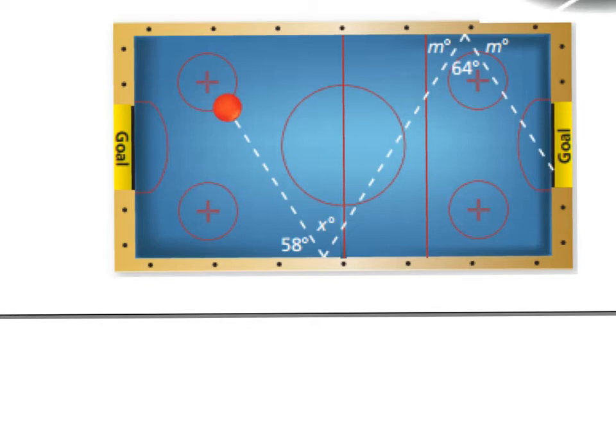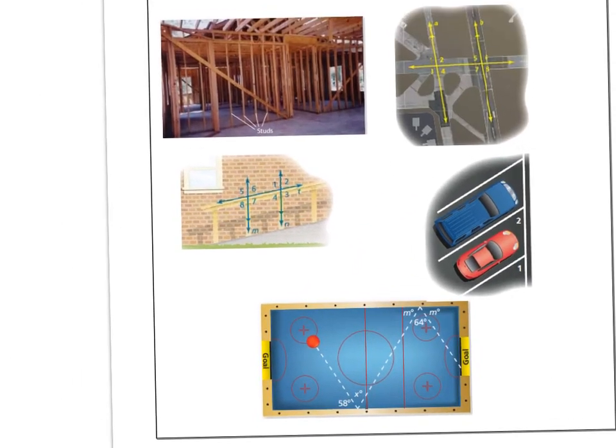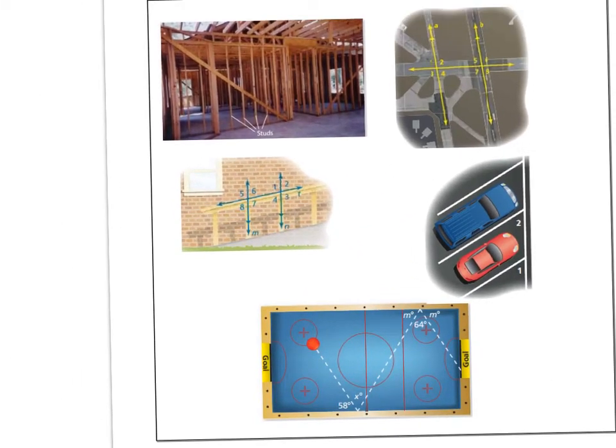There's lots of different properties. As you can see, this and this are two parallel lines, so when you shoot the puck and bank it off of here, this would be like a transversal, cutting this and this parallel line. So think about the real world ramifications of all these situations that we're talking about.